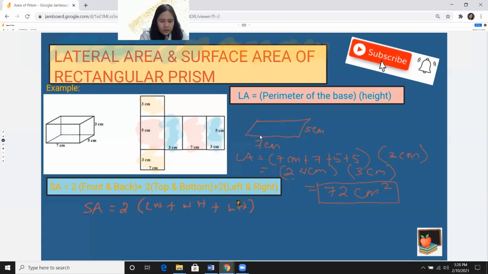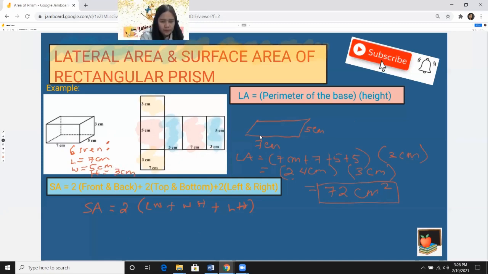You may also use this formula if we identify the given. Let us write all the given here. The length will be 7 centimeters, the width will be 5 centimeters, and for the height, we have 3 centimeters.